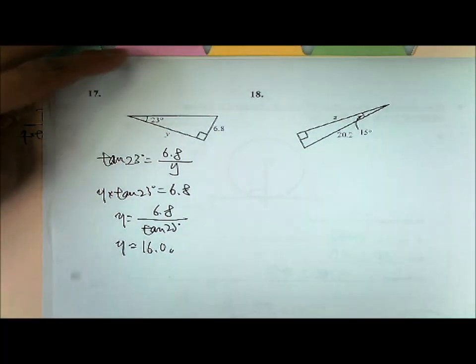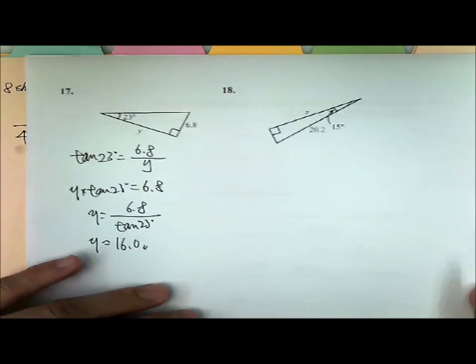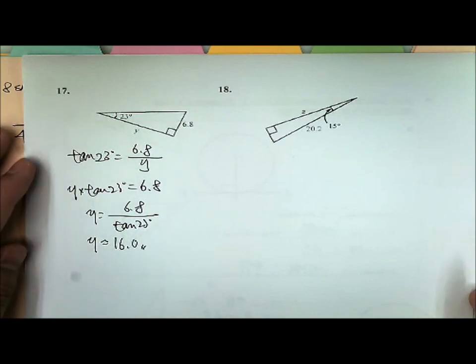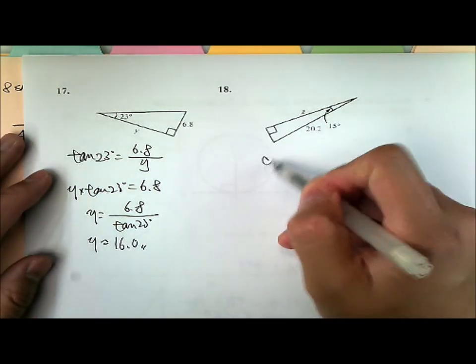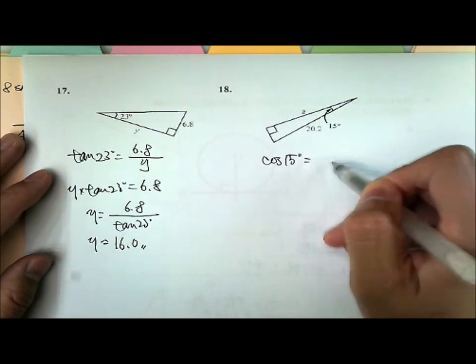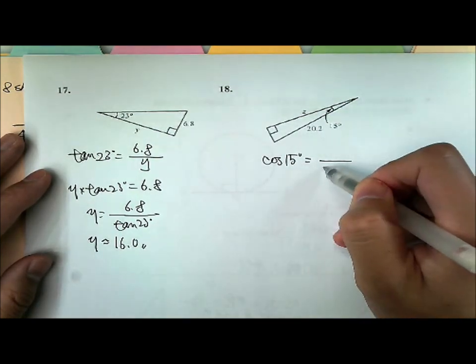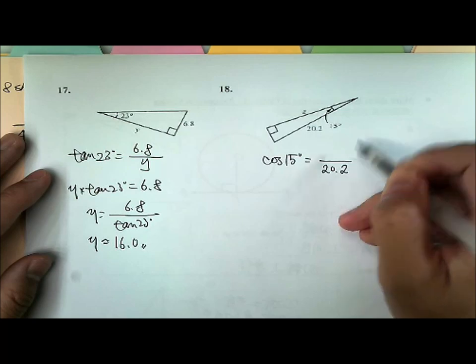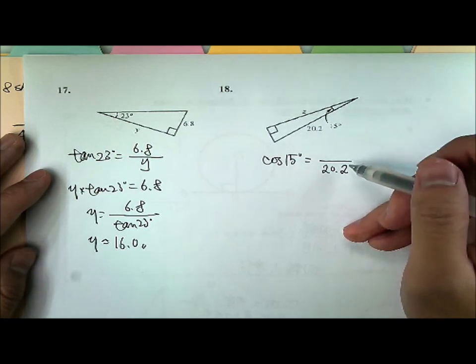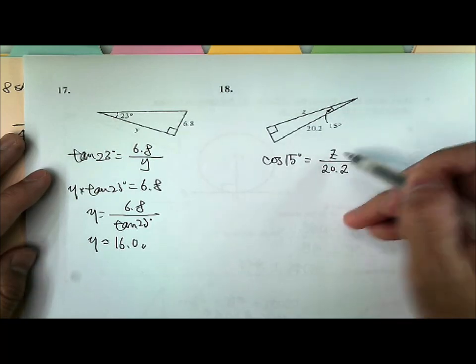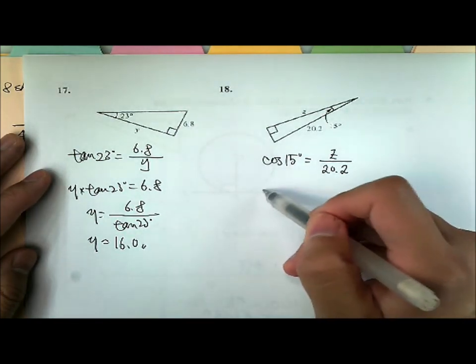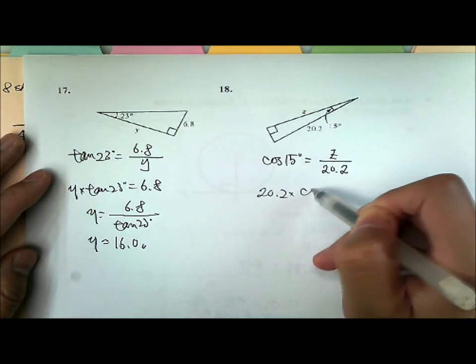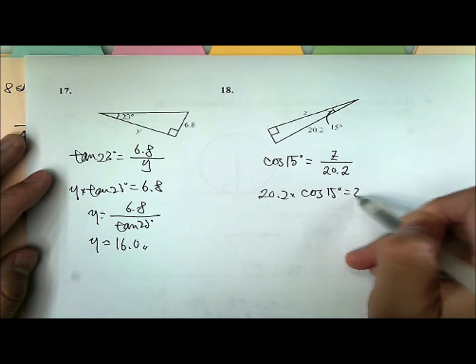Can you tell me sine, cosine, or tangent you use? Yes, of course. So cosine 15 degree equal to, the longest side should be 20.2, right? At the bottom, z should be above. Understand? Times both sides by 20.2. You have this. Understand?